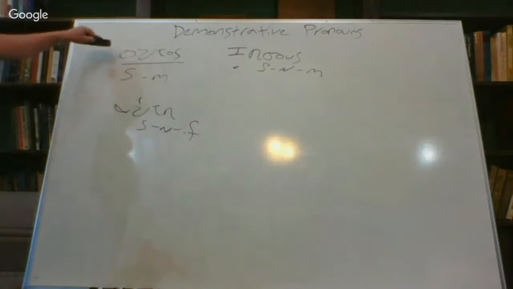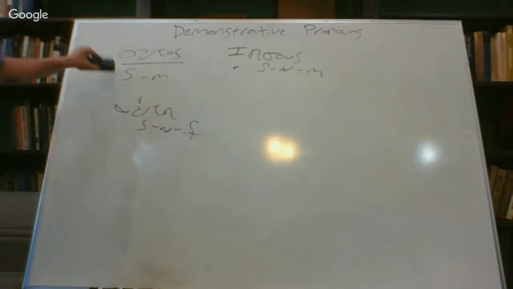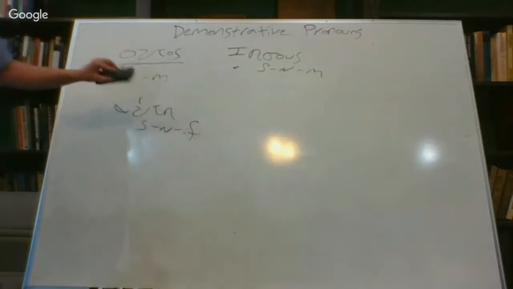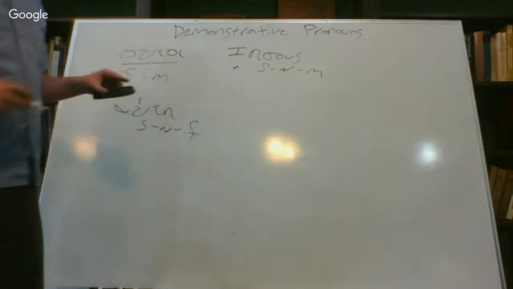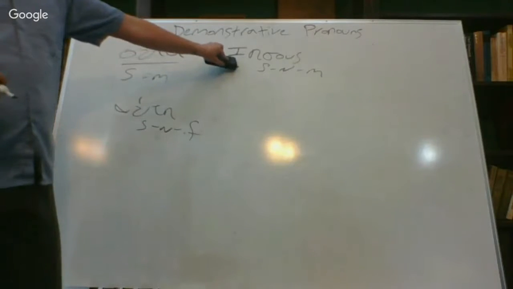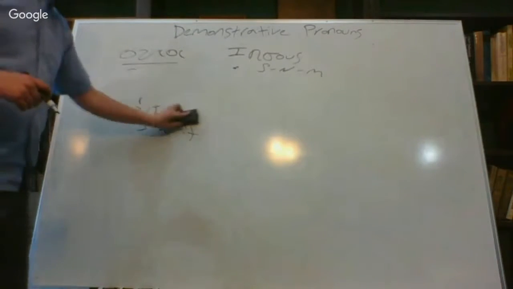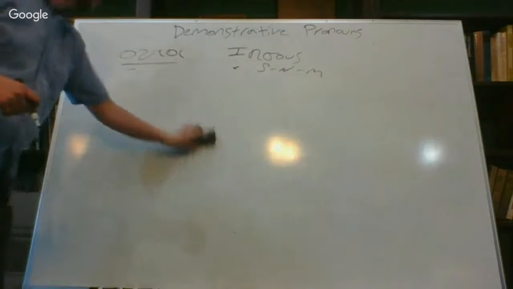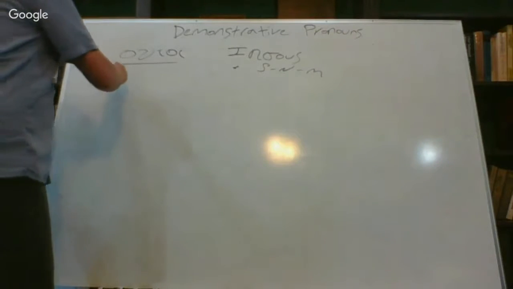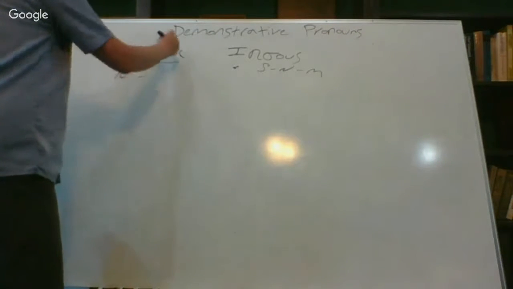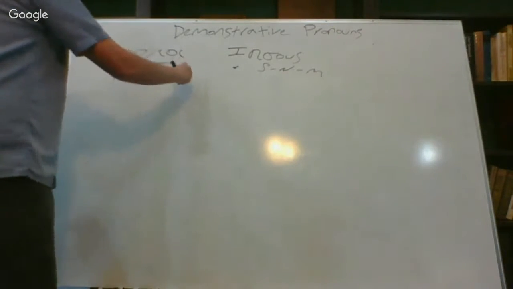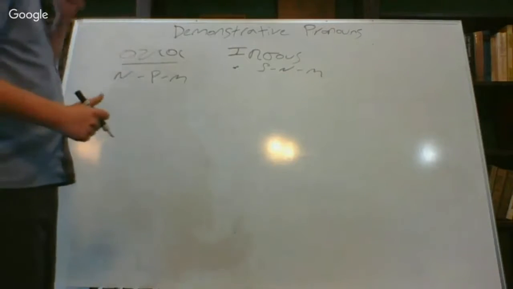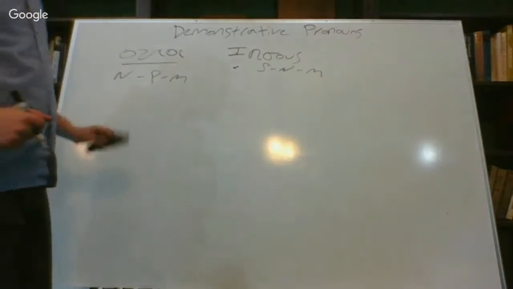So the antecedent determines the number and gender. So we could see hautoi, but it's not going to be modifying Jesus. Why? Because it's not the same number. Correct. They're both nominative. This one's plural, this one's singular, and they're both masculine. So they have to be the same, at least, gender and number.